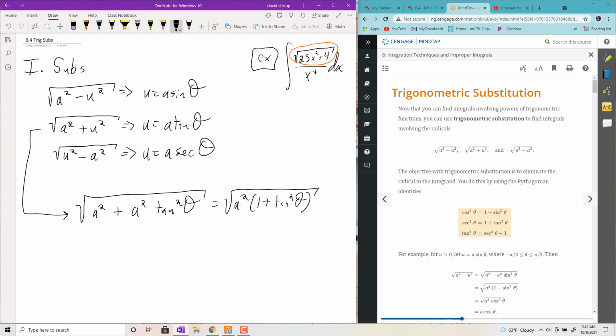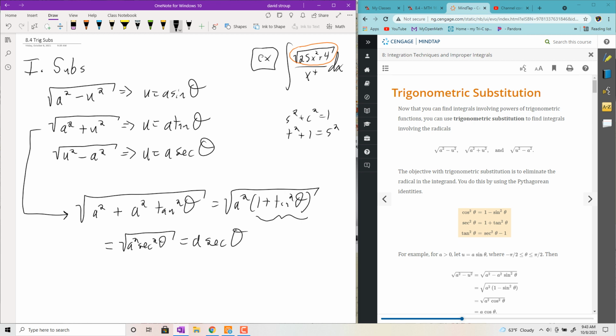If you remember, sine squared plus cosine squared is 1, and then tan squared plus 1 is equal to secant squared. So we can replace this with secant squared, and that will become the square root of a squared secant squared theta, and that will equal a secant theta, effectively eliminating the square root.